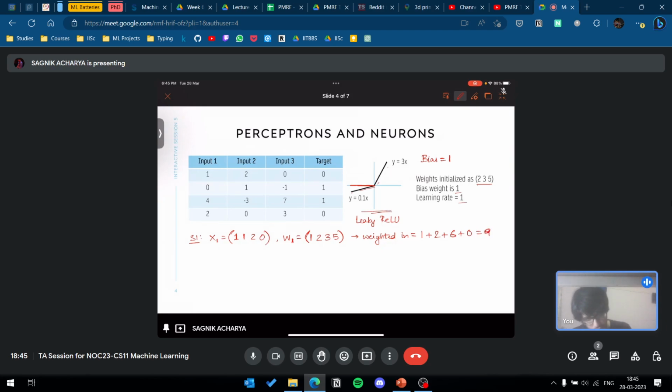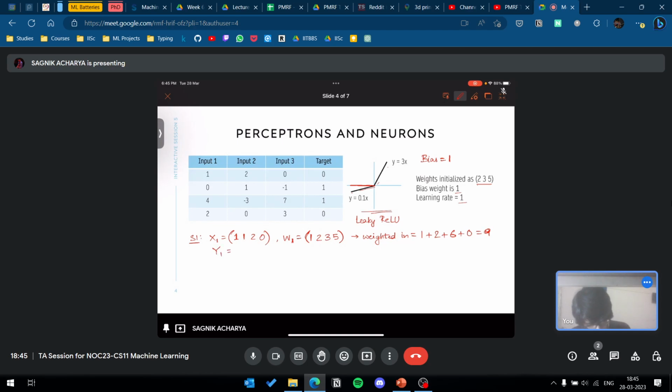Okay. So after calculating the weighted input, I have to calculate the activation basically. The activation in this case is y1.